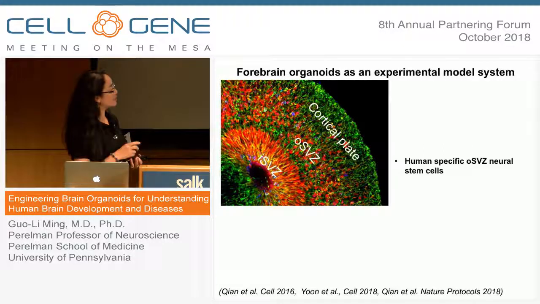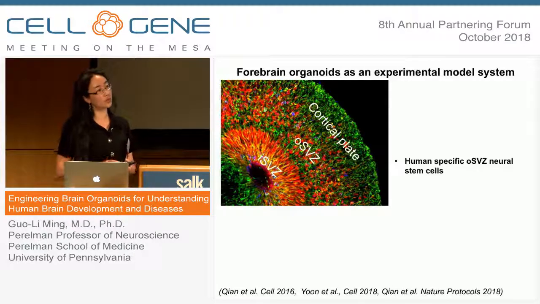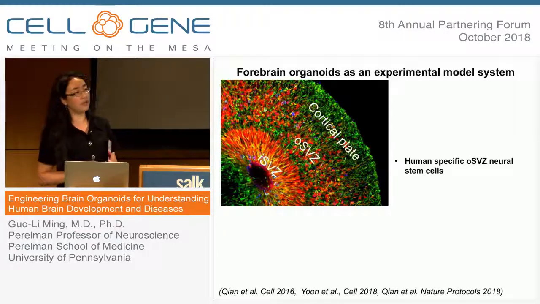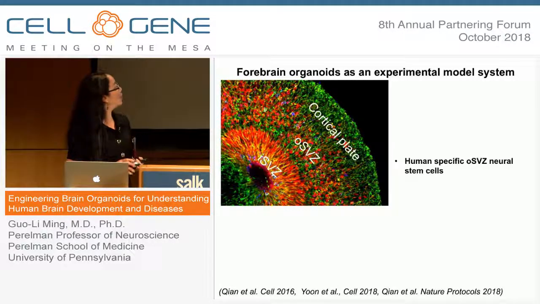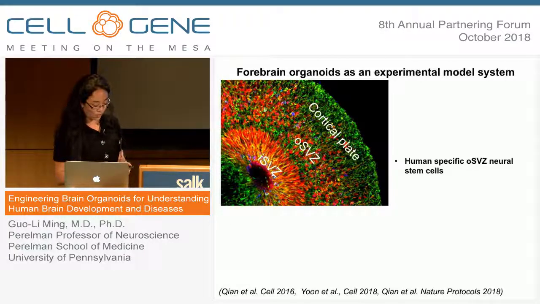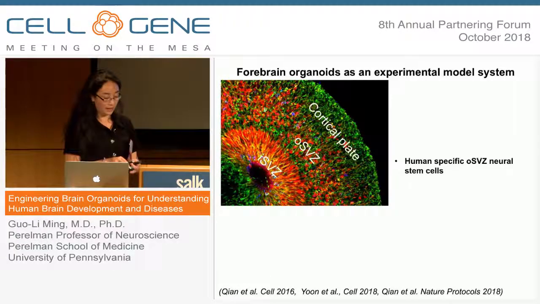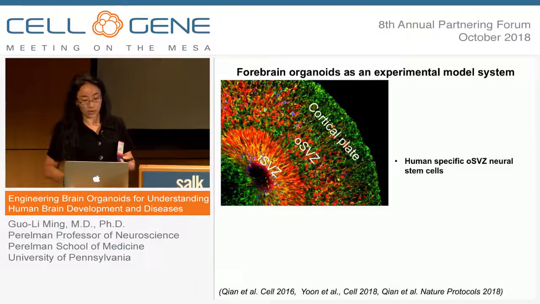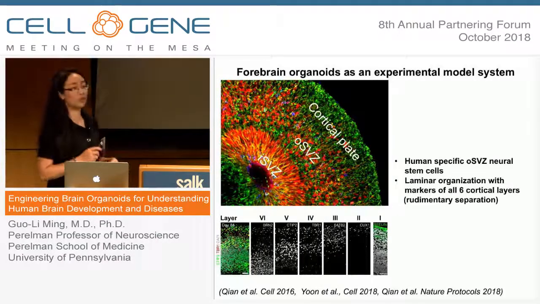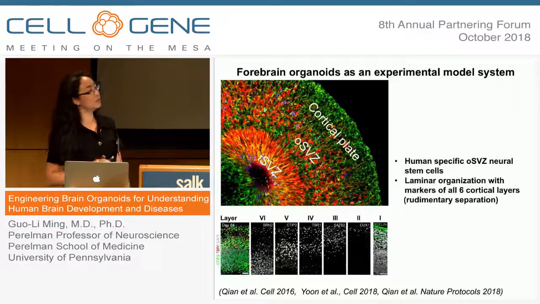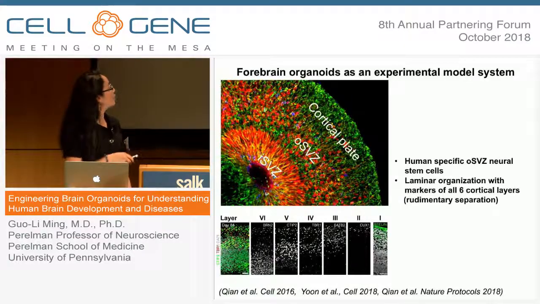Since this is already published, I'm just going to summarize what we have observed. We have shown that in these forebrain-specific organoids, we have a human-specific neural stem cell population, which is localized in the OSVZ, shown here. We also show that in these organoids, we can see neuronal subtypes that can be marked for all 6 cortical layers.